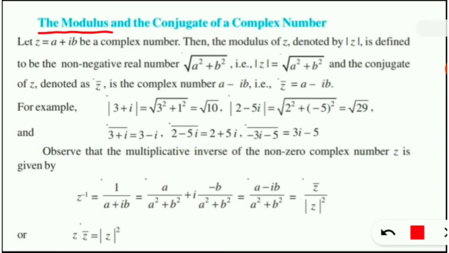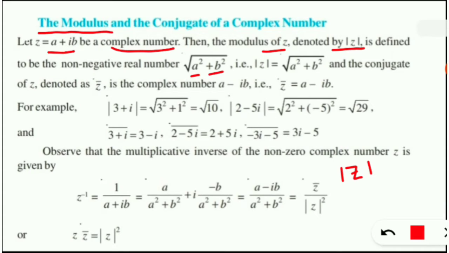Let z equal to a plus ib be a complex number. Then the modulus of z, denoted by mod z, where z equals a plus ib, is defined to be a non-negative real number, under root of a square plus b square.